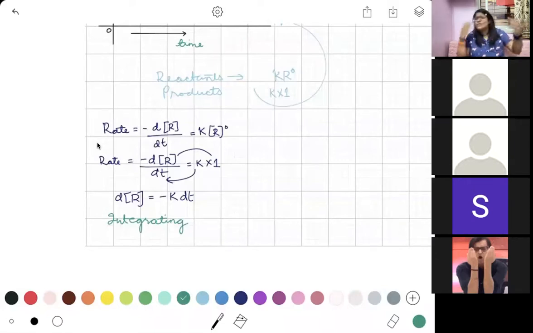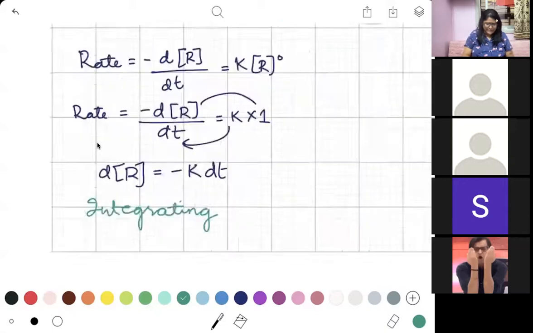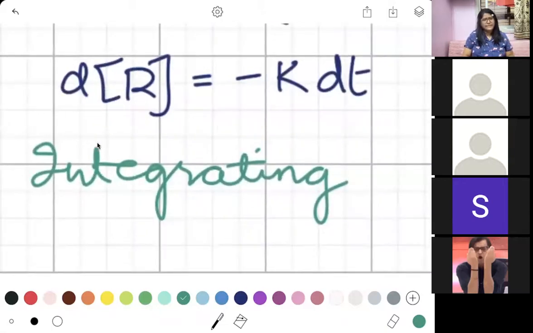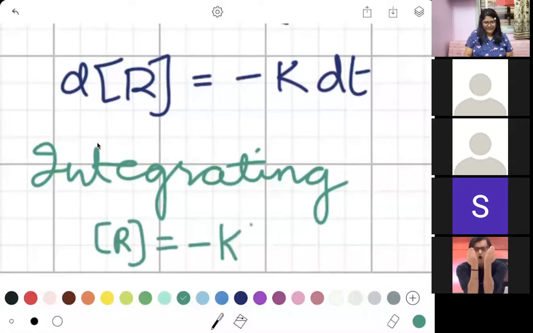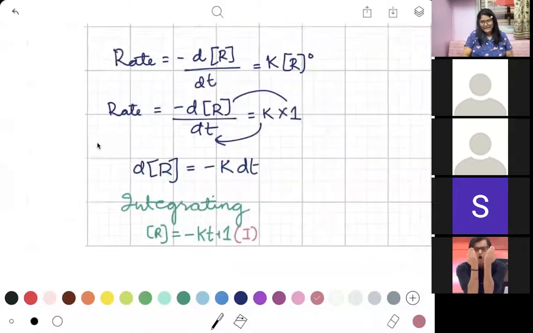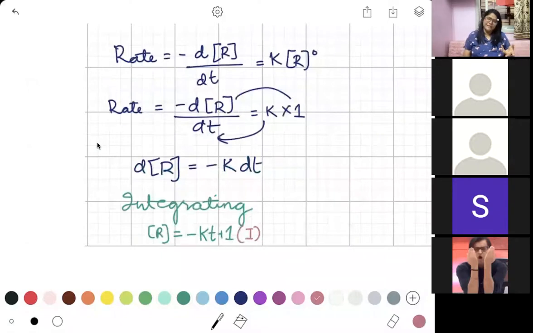Also, it is not required in chemistry for you to note down the entire derivation of your equations. All you need to do is just say that you're going to integrate both the sides. When you integrate both the sides, what you get is R is equal to negative KT plus 1, or you could also write it as I. I is going to be your constant of integration.